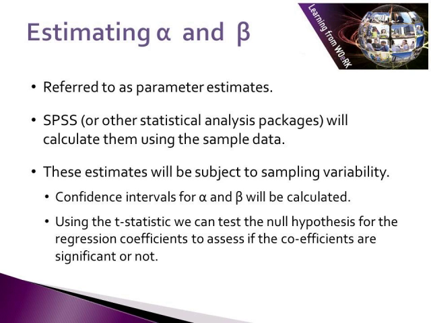Now, SPSS or any other statistical package will calculate them using the sample data. Of course, these estimates are subject to sampling variability, and the confidence intervals will also be calculated for alpha and beta. And using the t-statistic, we can test the null hypothesis for the regression coefficients to assess if the coefficients are significant or not.